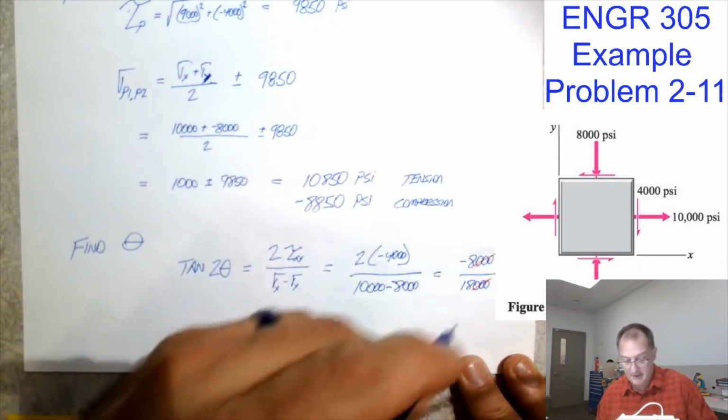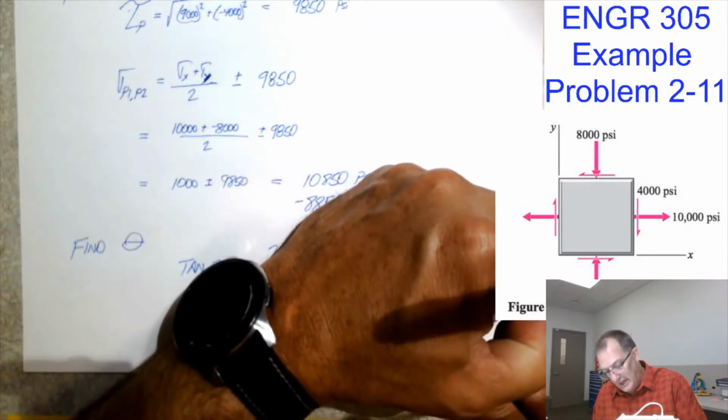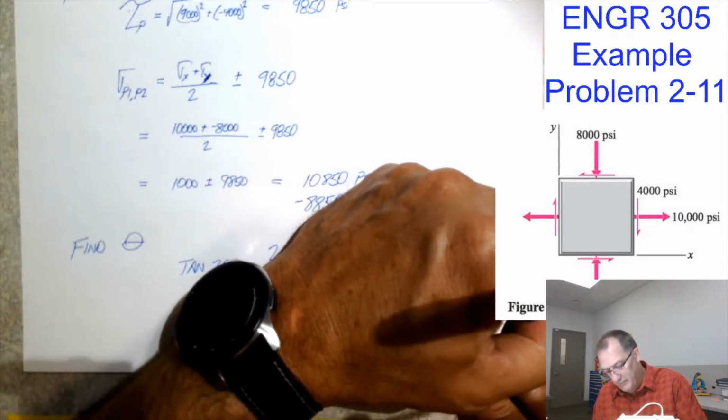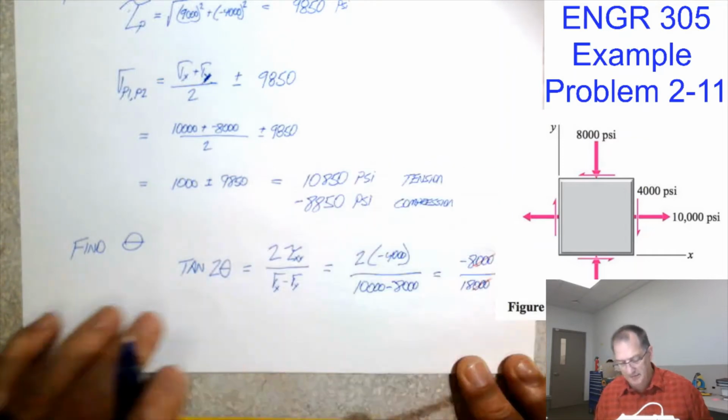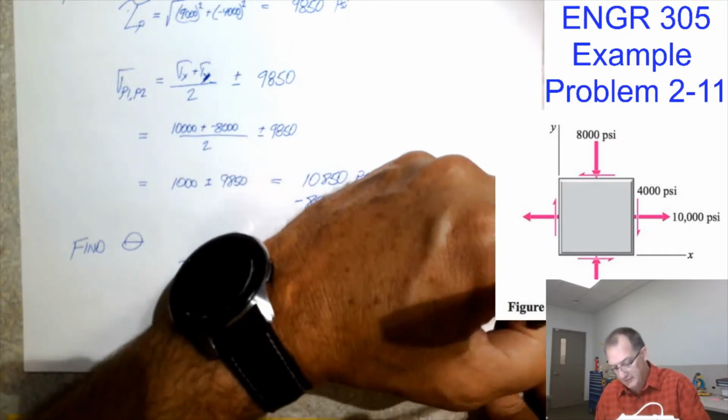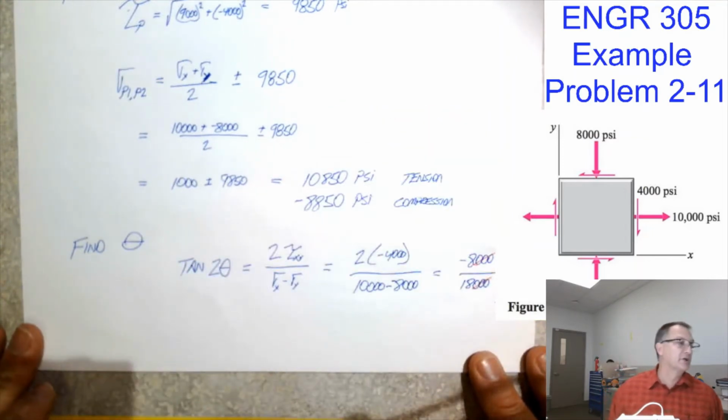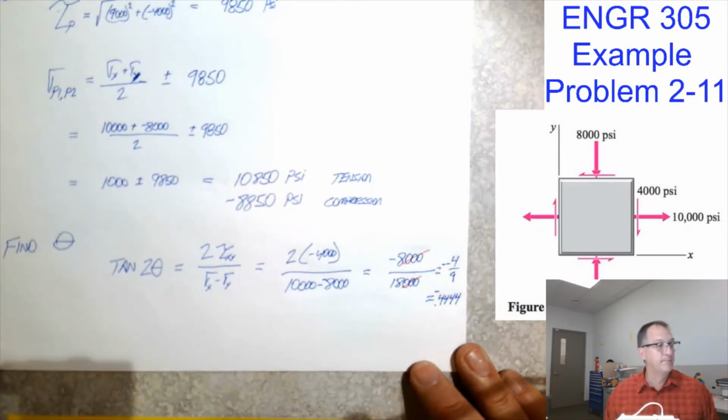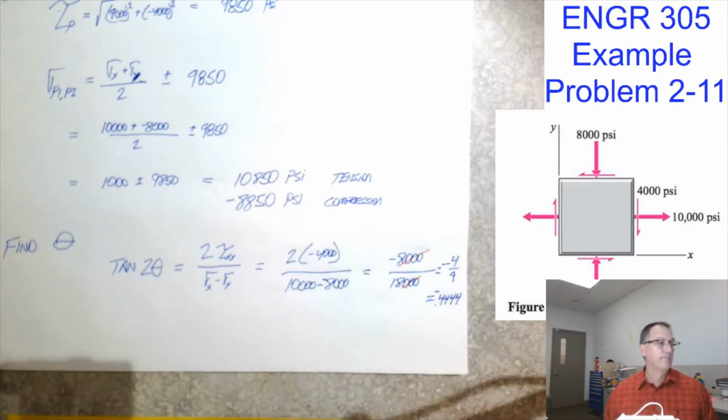I just divided top and bottom. And then in your head, you should remember that trick from school. 4/9, those are going to be a repeating decimal.